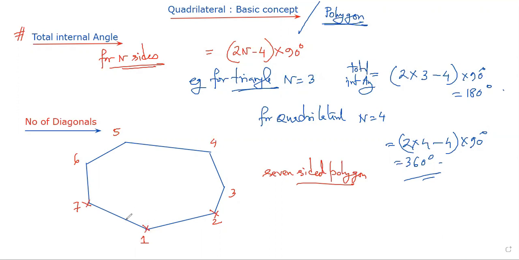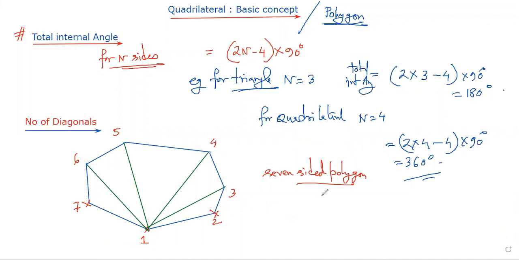So beyond those 3, all the rest I can draw diagonals to. Means if I want to draw the diagonal from 1, I can go up to 3, up to 4, up to 5, up to 6. These are the diagonals I will be able to draw from 1.